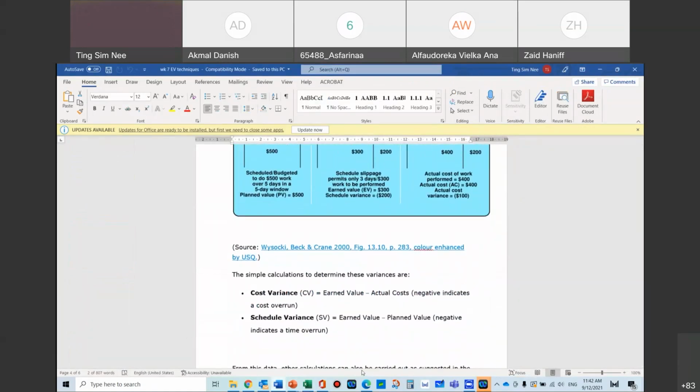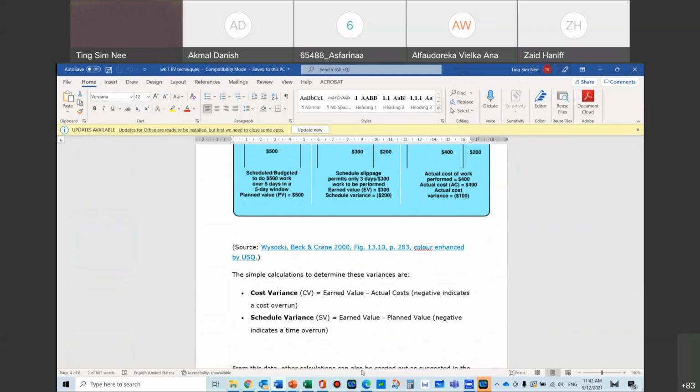Another way is we will give you a scenario. This company is supposed to do 5 buildings, 5 hostels in 20 months. Okay, and each hostel is budgeted for 2 million.